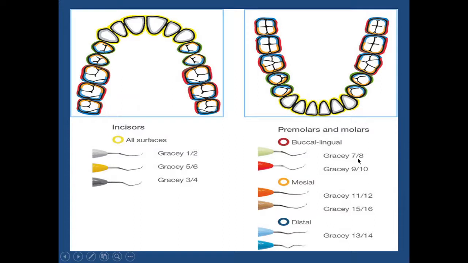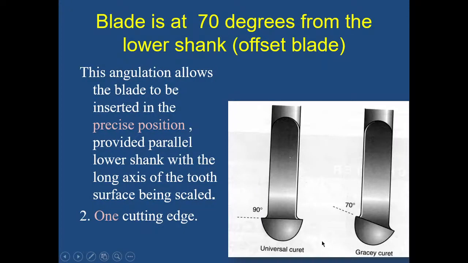The Gracey 7 and 8 and the Gracey 9 and 10 are for the buccal and lingual surfaces of the premolars and molars. The Gracey 11, 12 and 15, 16 are for the mesial of the posteriors, and the 13, 14 and 17, 18 are for the distal of the posterior teeth.